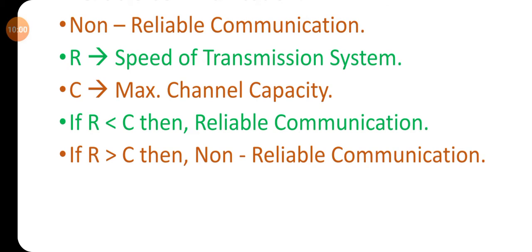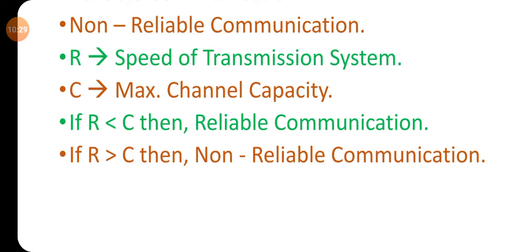So this is why when R is greater than C, our communication will be non-reliable. Understood? If R is less than C, speed is less than capacity, reliable communication. If speed is more than channel capacity, then non-reliable communication, meaning communication with some errors.